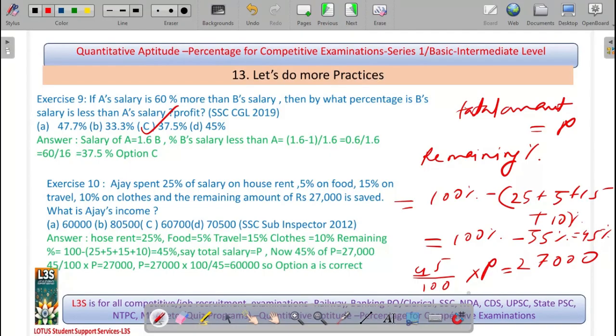P will be 27,000 into 100 by 45, and this will come to 60,000. So here 60,000 is option A, and that is the correct one. This is how we have to do it.